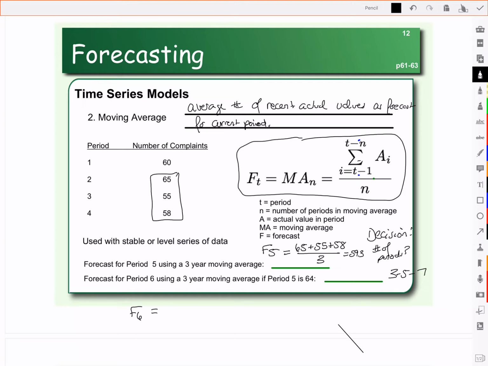Then because it's a moving average, we're going to move and use the 3 most current sets of numbers, which is 64 plus the 58 from period 4 plus the 55 from period 3. So notice how we're now shifting to the newer 3 numbers for our moving average. So 64 plus 58 plus 55 divided by 3.